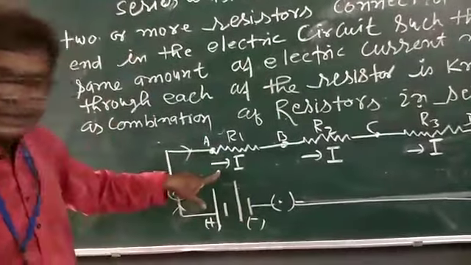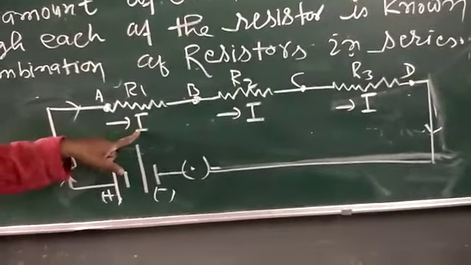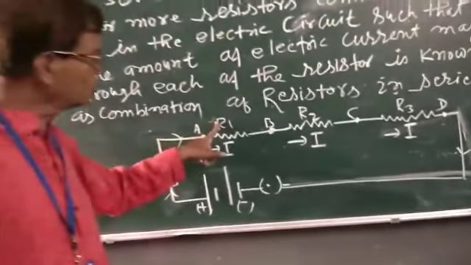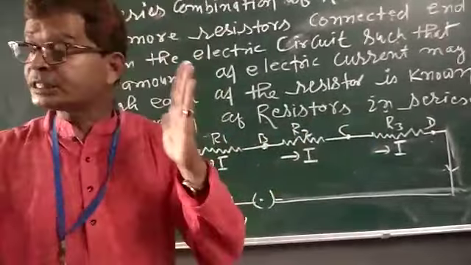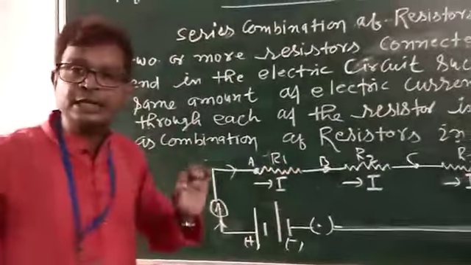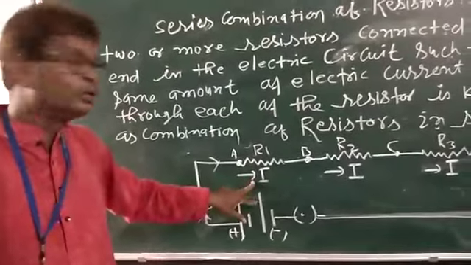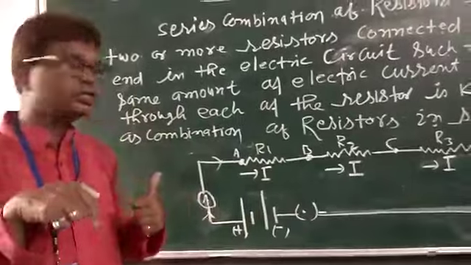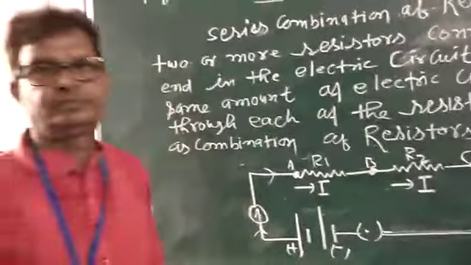And you can see here, same amount of electric current I passes through R1, also through R2 and R3. So it is clear that in series combination of resistors, each of the resistors contains same amount of electric current.